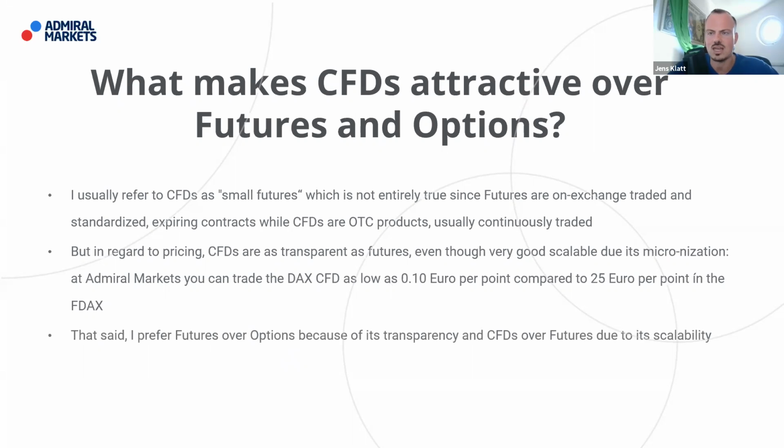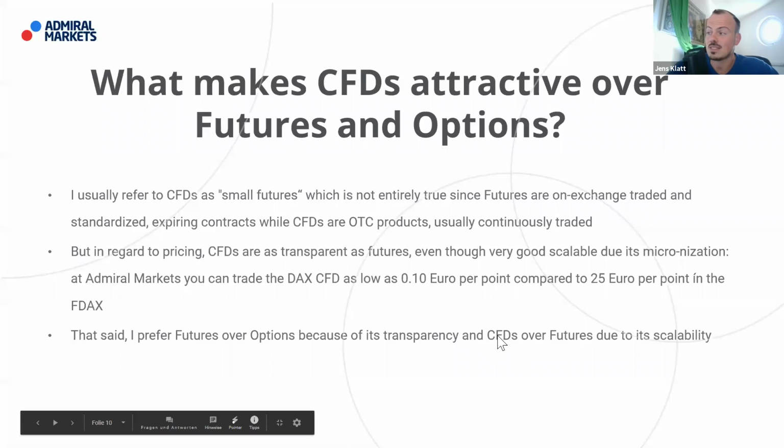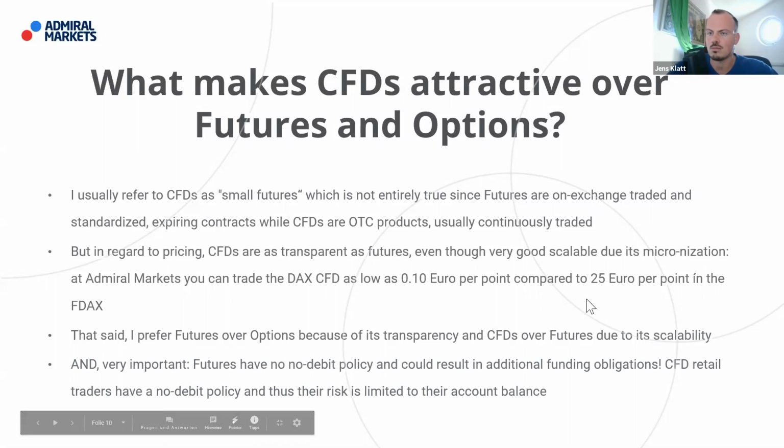It's very difficult to say whether the price is fair or not. This is especially true for over-the-counter options, not necessarily for on-exchange options. And still, I prefer CFDs over futures due to the scalability and the risk and money management components.